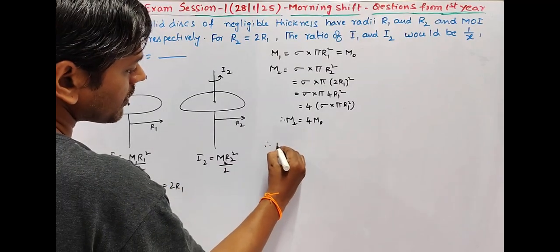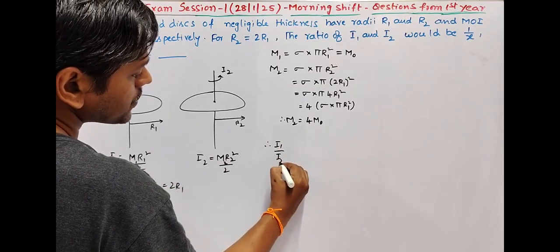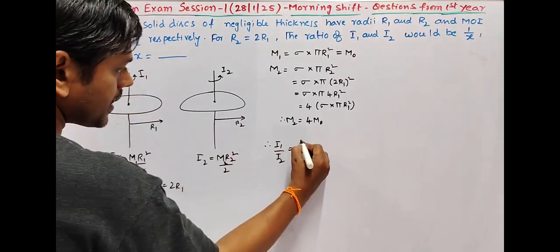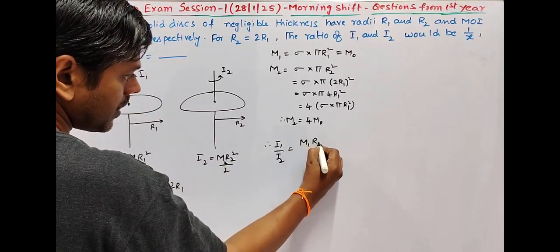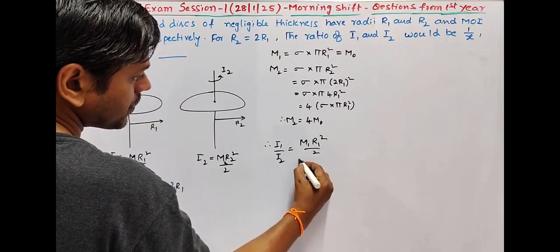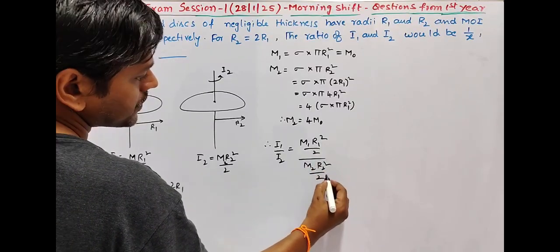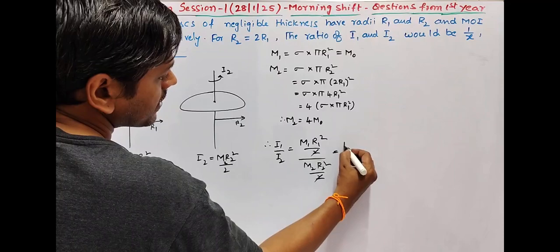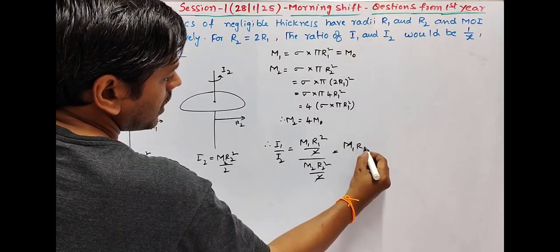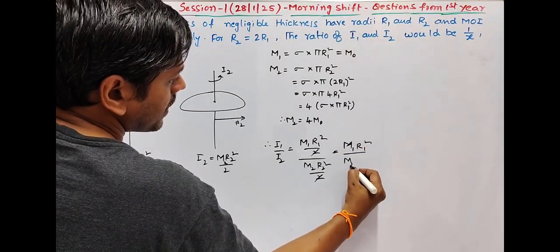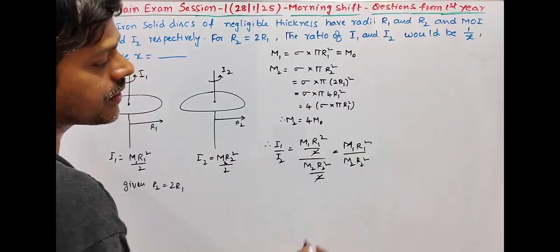So according to the given question, I1 by I2 is equal to M1 R1 square by 2 over M2 R2 square by 2. This 2 is cancelled. Then M1 R1 square by M2 R2 square.